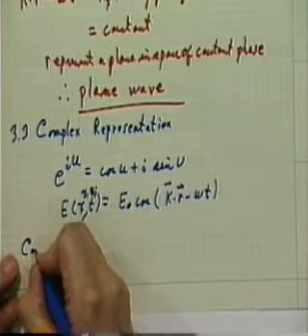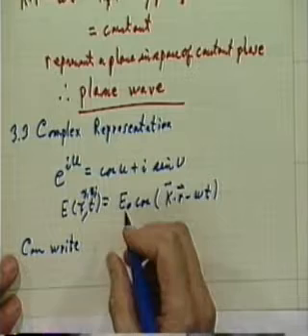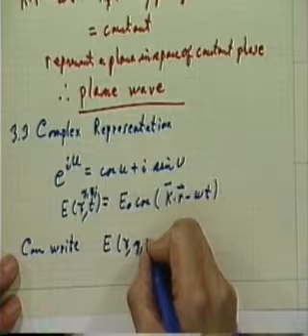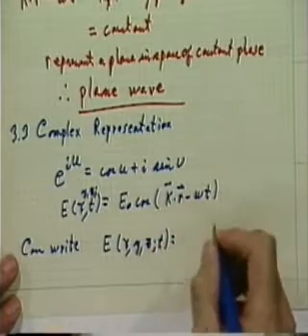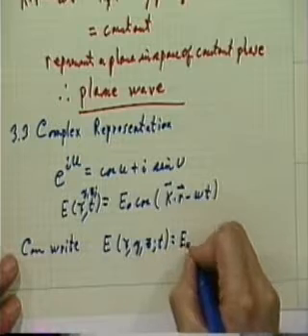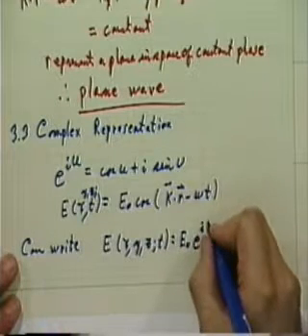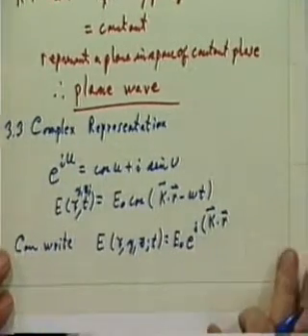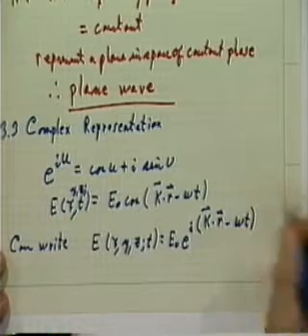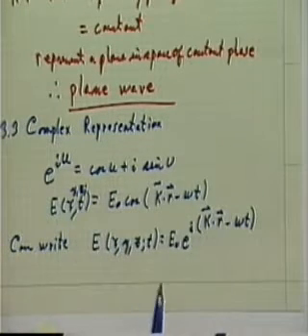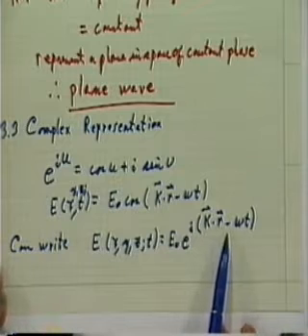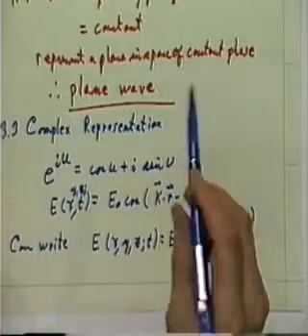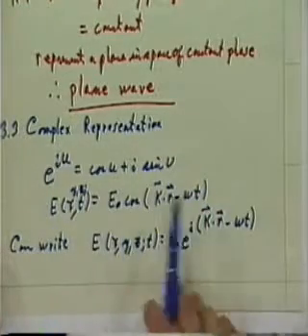to make life simple for us, we can write E of x, y, z, and t as E naught e to the i, k dot r minus omega t. So we can write this in complex notation if we want to. But we have to remember that physically what matters is the real part of this.